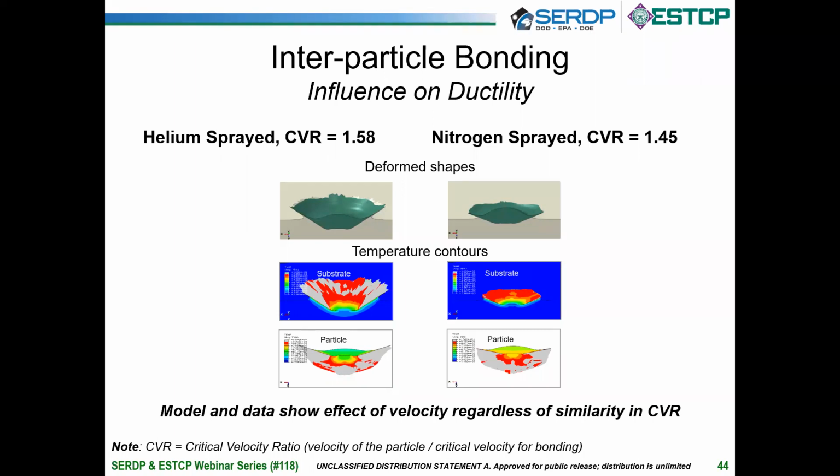So the amount of deformation in the particle was very similar. But in this particular case, what you can see, in the images in blue, is that the amount of substrate deformation is significantly different. And because of this, the bonding particle to particle is not necessarily going to be as good.